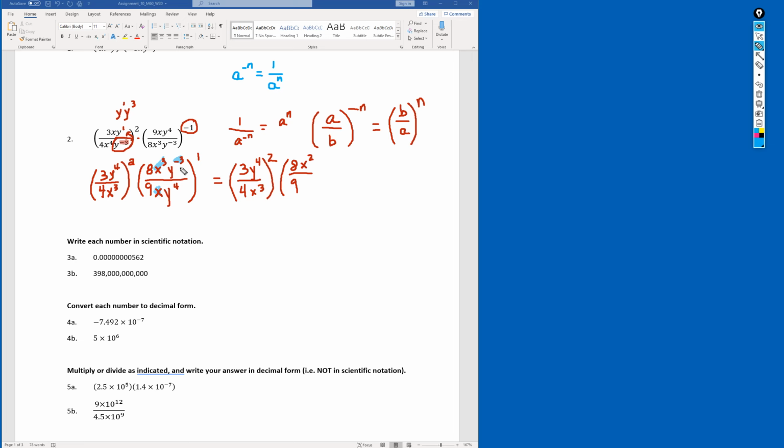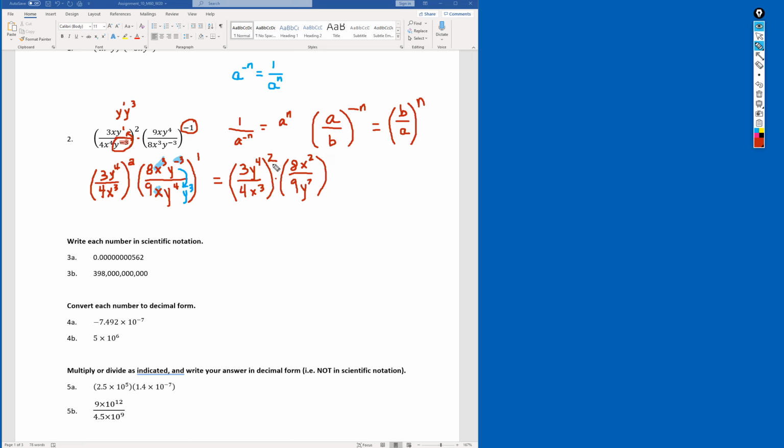So in other words, we're going to take this y to the negative 3 and move it down to the denominator where it would become y to the positive 3. So now we've got y to the 4 times y to the 3, which is going to become y to the 7 in the denominator. All right, so we've greatly simplified this second expression.